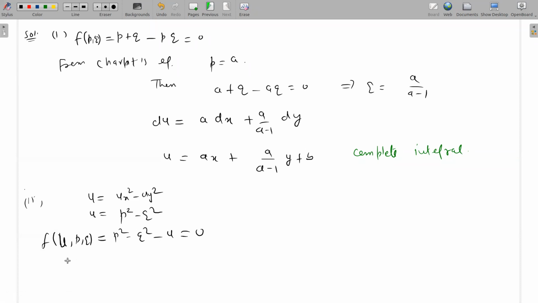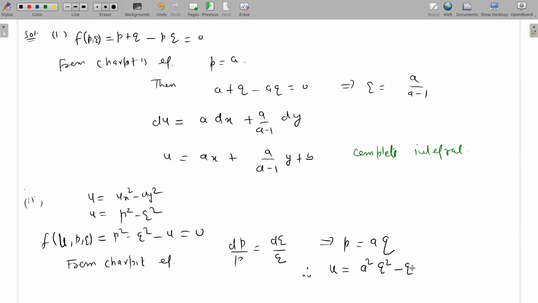So what you got from Charpit equations? You get dp by p equals dq by q. So on integrating, you got p equal to aq. So from the given PDE, u equals a square q square minus q square. Solve for q. So that is q equals square root of u over square root of a square minus 1.